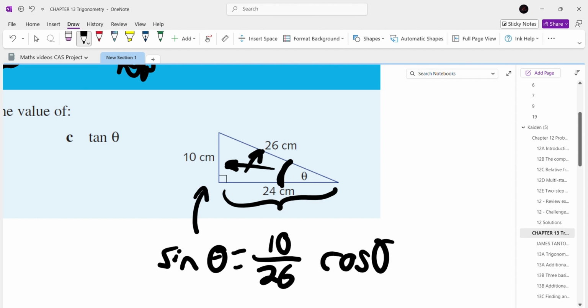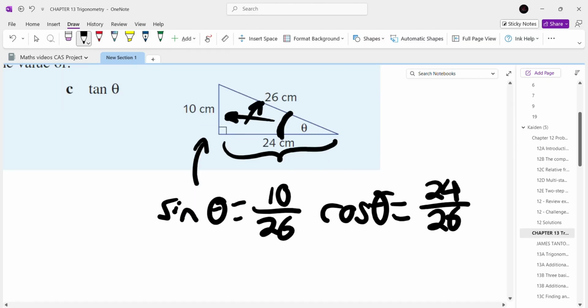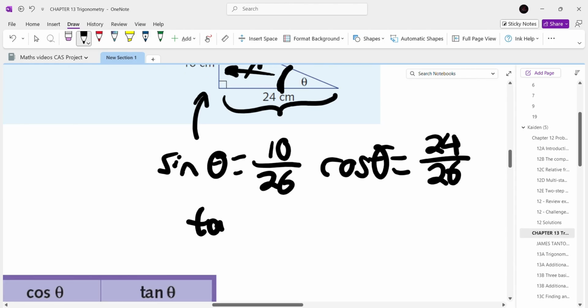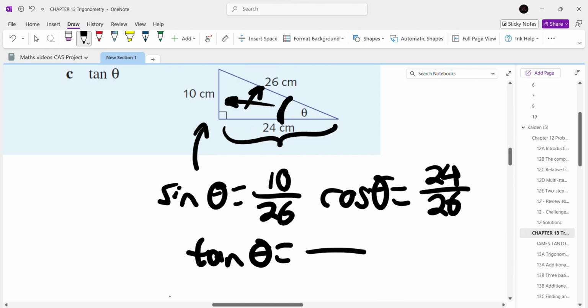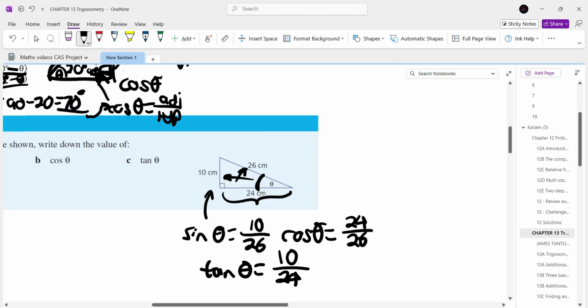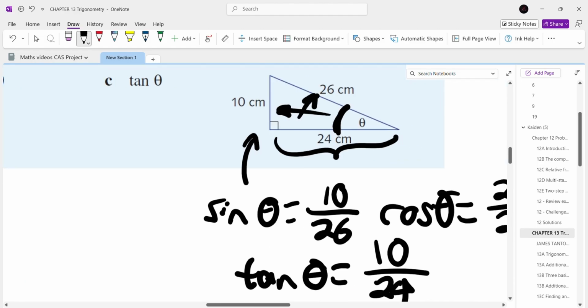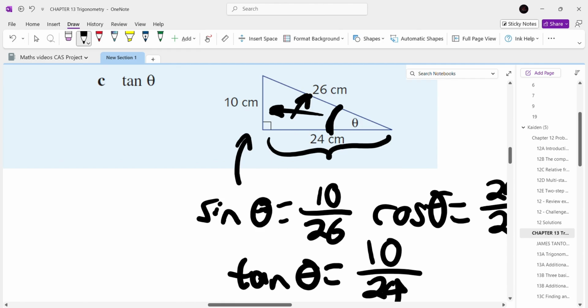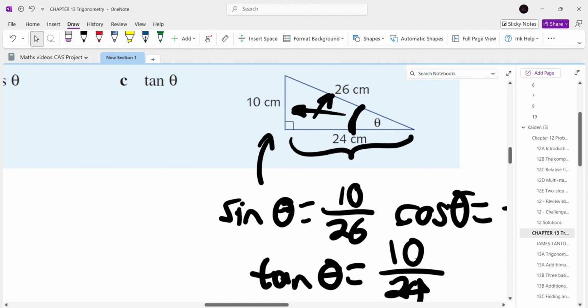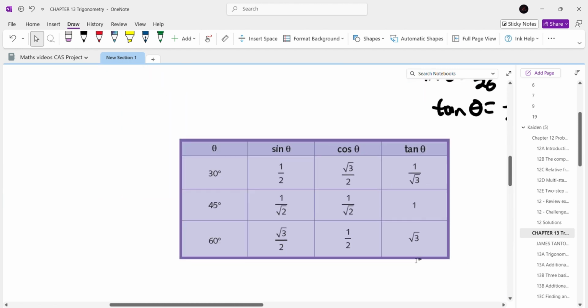Cosine theta equals 24 over 26. And tan theta equals 10 over 24. This is how you'd be able to find them, and then from here, obviously if you want to find the theta values, you take the inverse sine, inverse cosine, and inverse tangent on each side, and you can use this in a calculator.